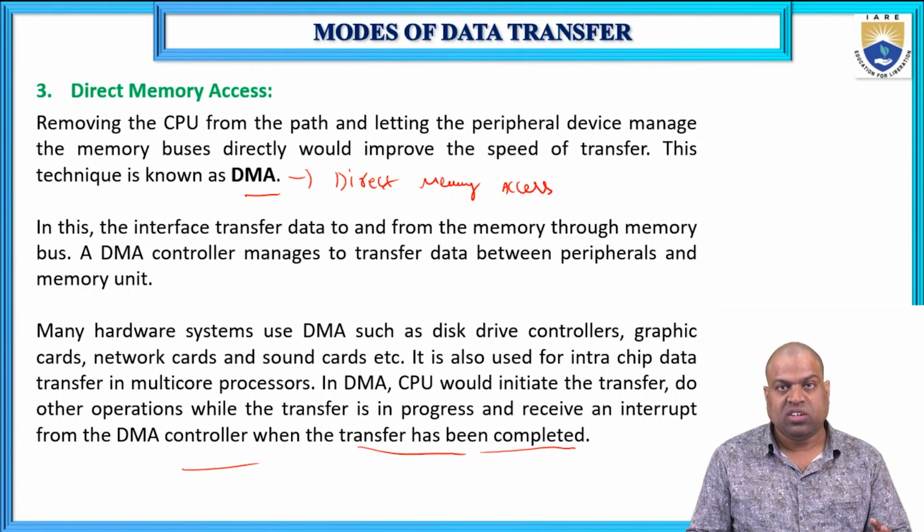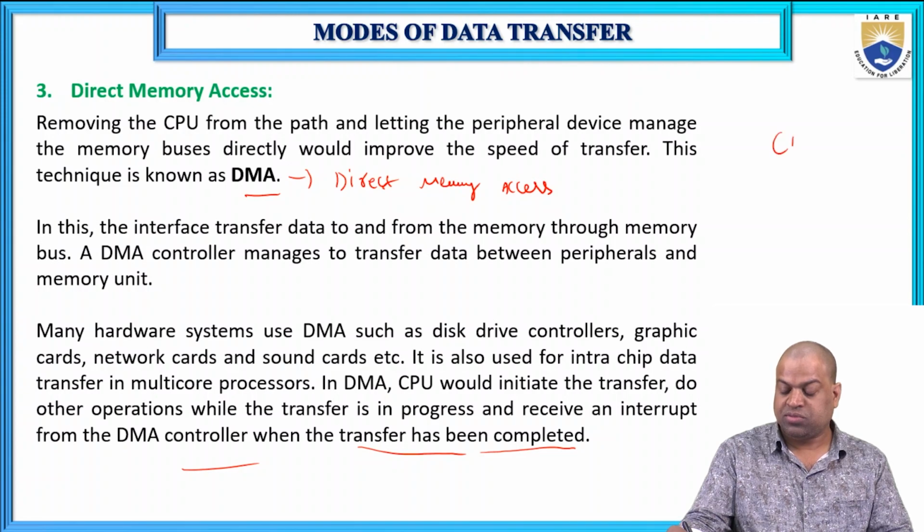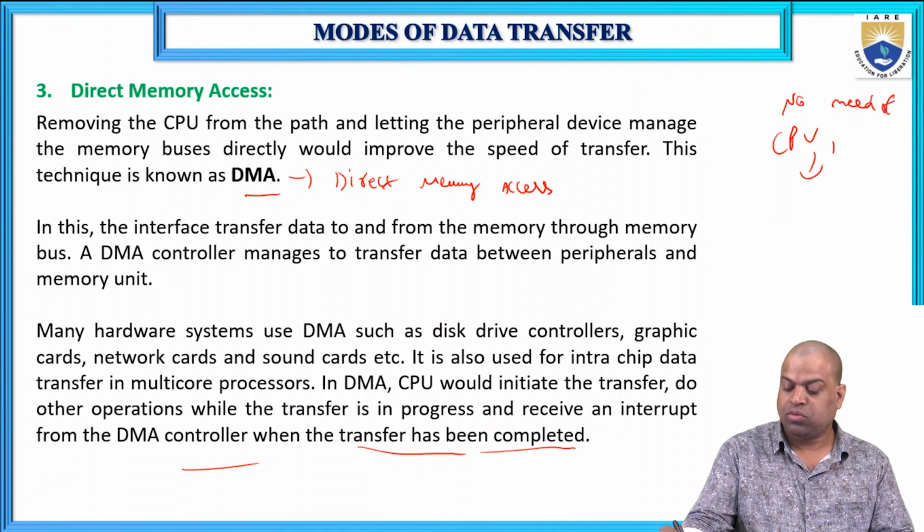So, what is the use of direct memory access? It is very important and useful for the CPU. When removing the CPU from the path, there is no need of the CPU. That is called direct memory access.